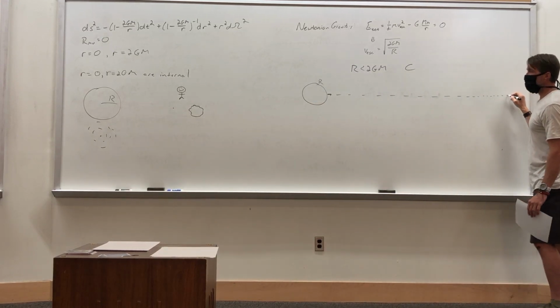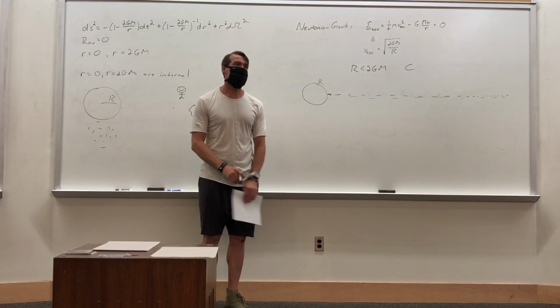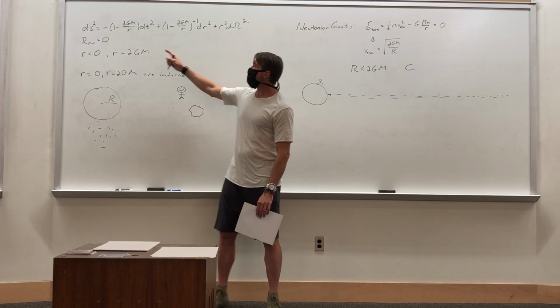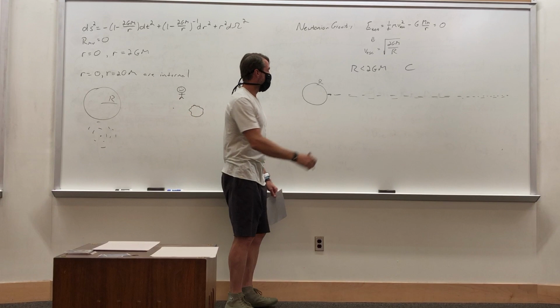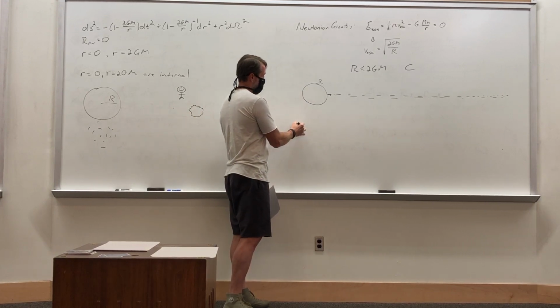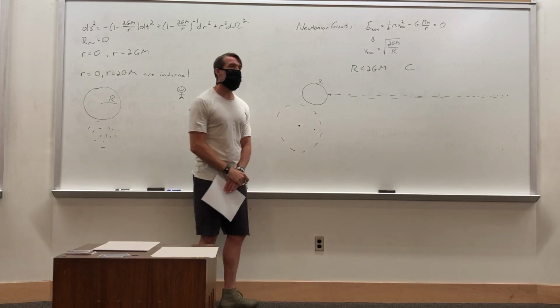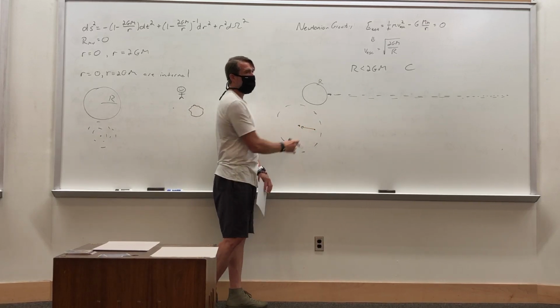You might just come to rest and then come back. That is not the way a black hole behaves. A black hole behaves such that if you get to a value of radius less than 2GM, there is no movement outwards. The only movement you have is radial inward.